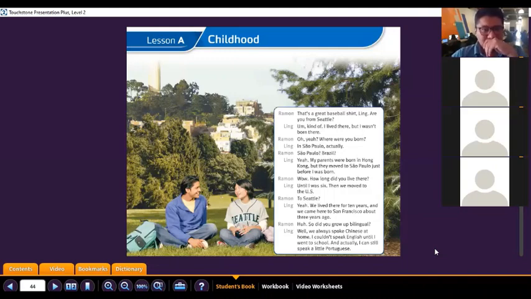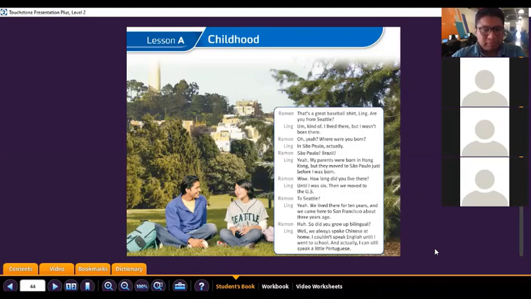That's a great baseball shirt, Ling. Are you from Seattle? Kind of. I live there, but I wasn't born there. Oh, yeah. Where were you born? In Sao Paulo, actually. Sao Paulo, Brazil? Yeah, my parents were born in Hong Kong, but they moved to Sao Paulo just before I was born. Wow. How long did you live there?